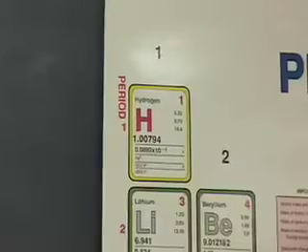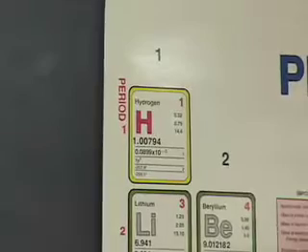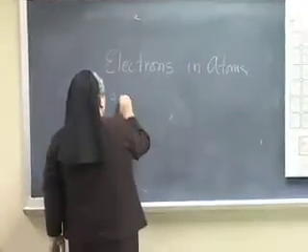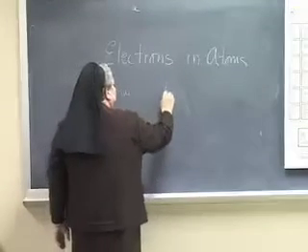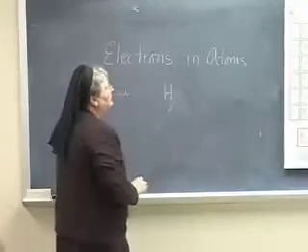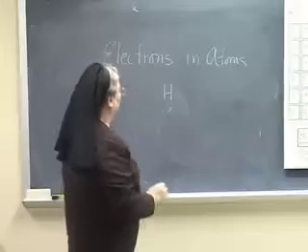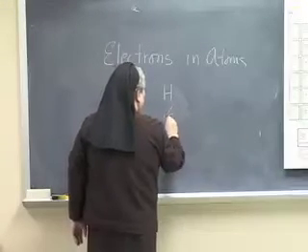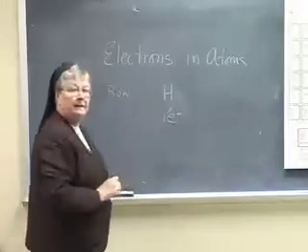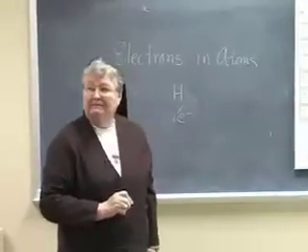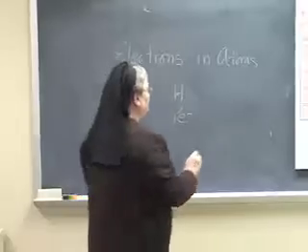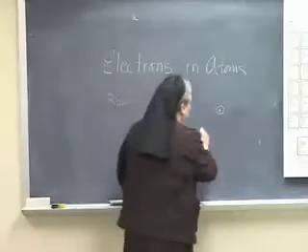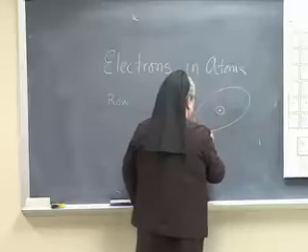It's in row 1. And hydrogen has an atomic number of 1. So it has 1 electron when it's neutral, and it has 1 proton. So we picture hydrogen as having 1 positive proton in the middle and 1 negative electron going around it.